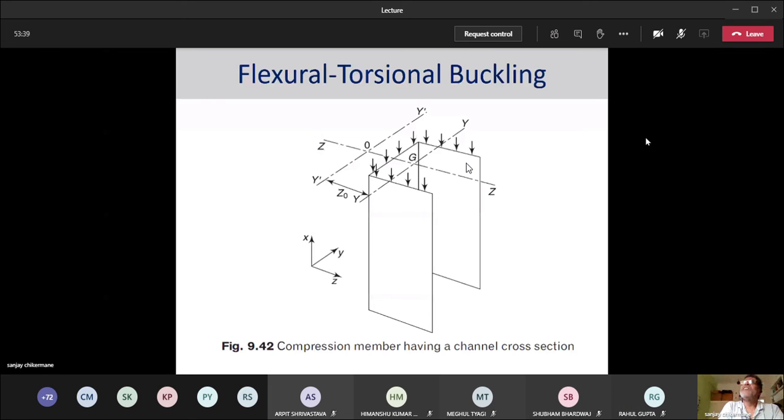Because energy है ना, force के साथ displacement जाता है, because force into displacement virtue के हिसाब से energy generate करेगा. Torque के लिए energy generate करने के लिए दूसरा एक rotation होता है ना? So the flexural rotations and the torsional forces will also cause what would be a geometric stiffness matrix. But that geometric stiffness matrix is not force dependent, it is torsion dependent. And that is generating what is called a flexural torsional buckling.